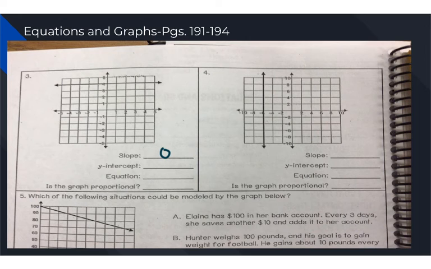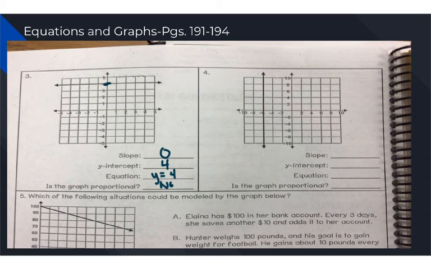The y-intercept, if you'll notice, crosses right here on the y-axis at the +4. So our y-intercept is 4. And our equation, since it has a 0 slope, 0 times x is 0, so we're going to have y is just equal to 4. And is the graph proportional? Well, it is not proportional.